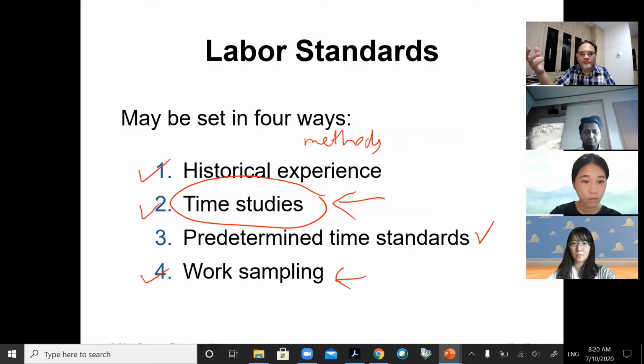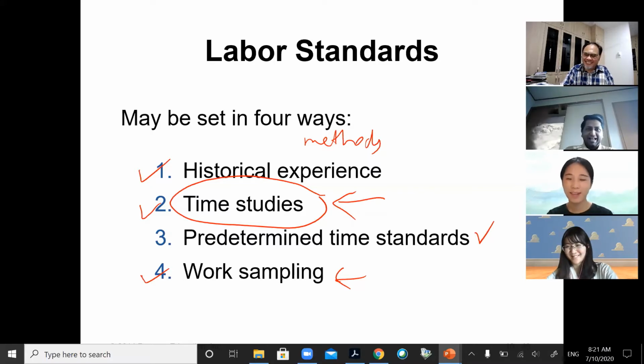Historical experience means, how long does it take for you to prepare your dinner, Nian? Dinner which has rice and one dish, okay, one chicken or one fish? How long does it take? From 5 minutes to 10 minutes. Wow, that's fast.